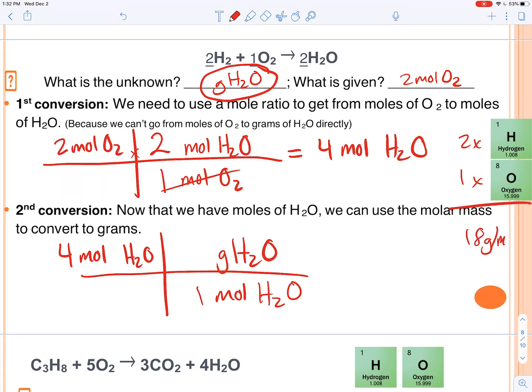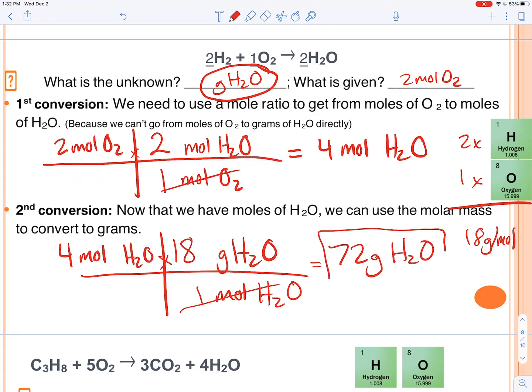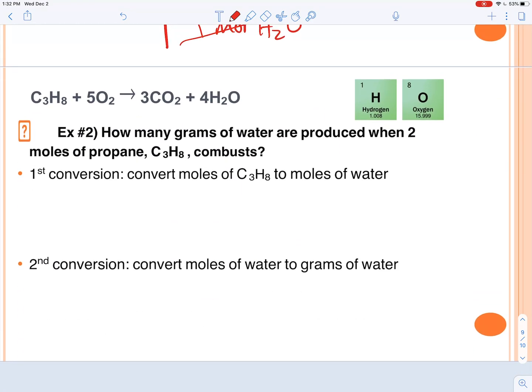If we total that up, we get about 18 grams per mole. Remember the molar mass. So now we want to multiply 4 times 18 to get 72 grams of water. Okay, so when you're talking about grams, you're going to have to do 2 conversions to get the answers here.